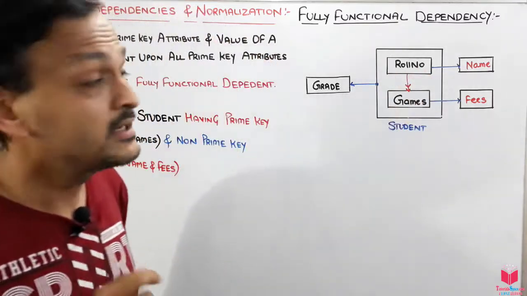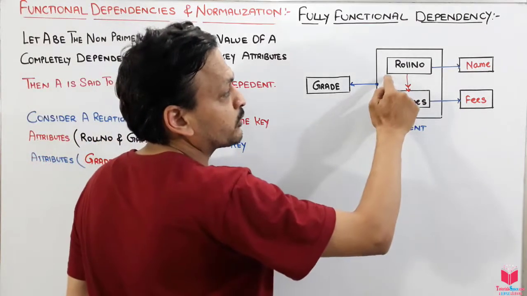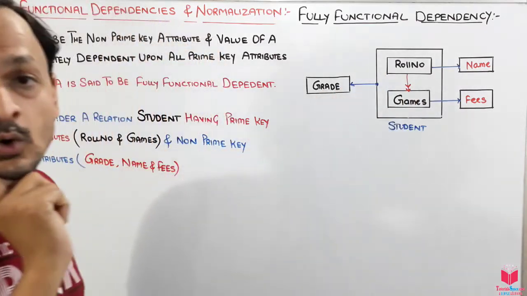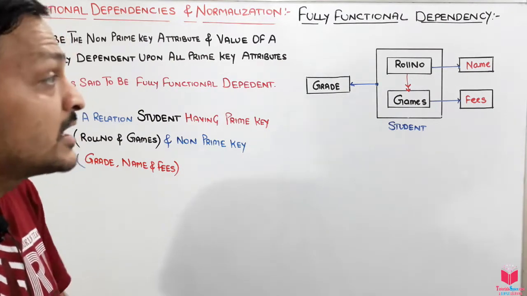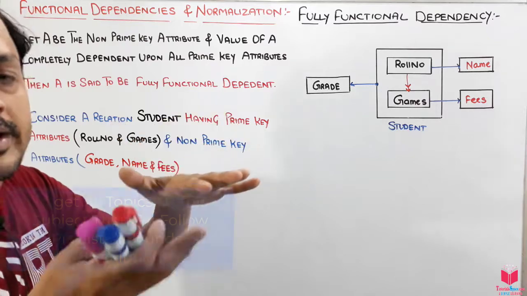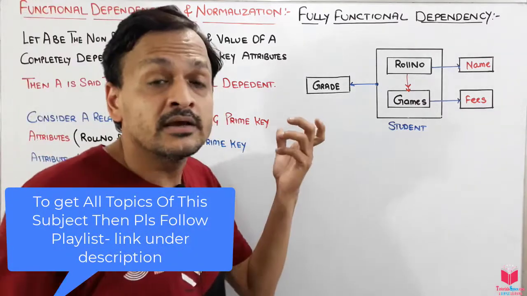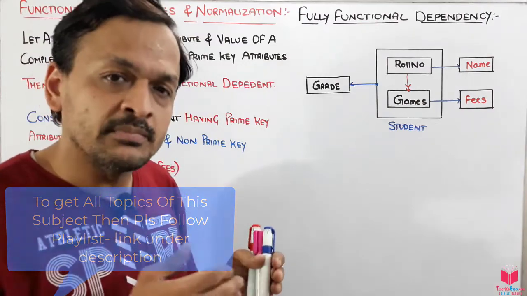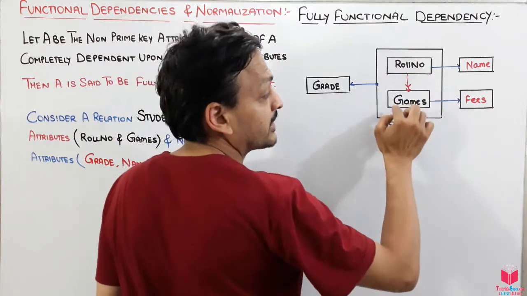But when the point comes, can we find the grade if we provide the value of roll number? No, because along with that we have to provide the game value, because a roll number is enrolled in many games. How can we say for which game's grade value we are asking? It may be game 1, 2, many games. So we have to provide the roll number and the games combinedly.